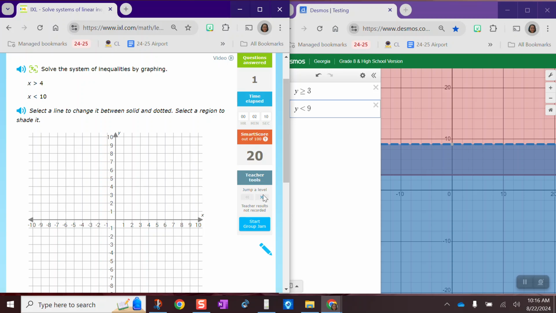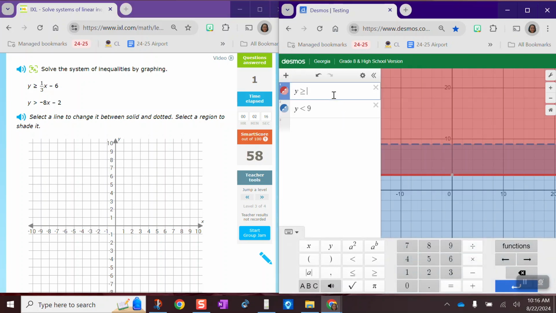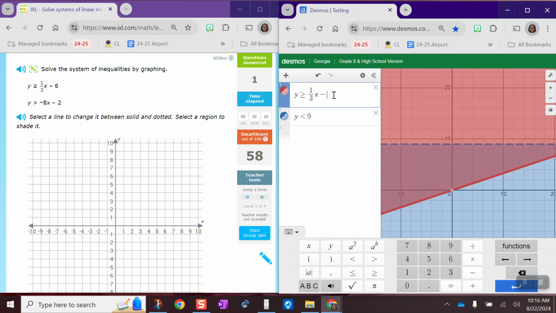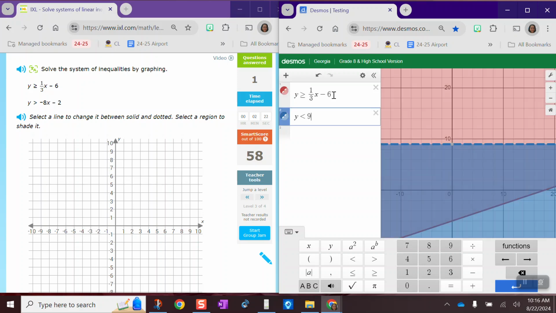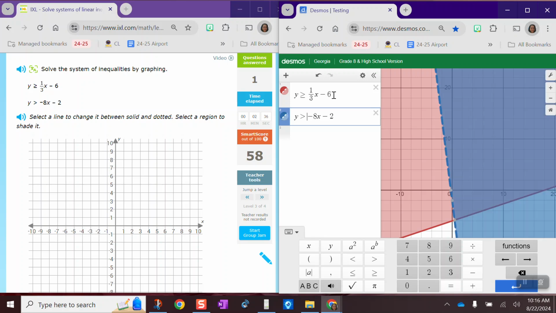Let's do something more difficult. More difficult. Here we go. Y is greater than 1/3 x minus 6. I made a mistake, right? Somewhere. Greater than? Okay.